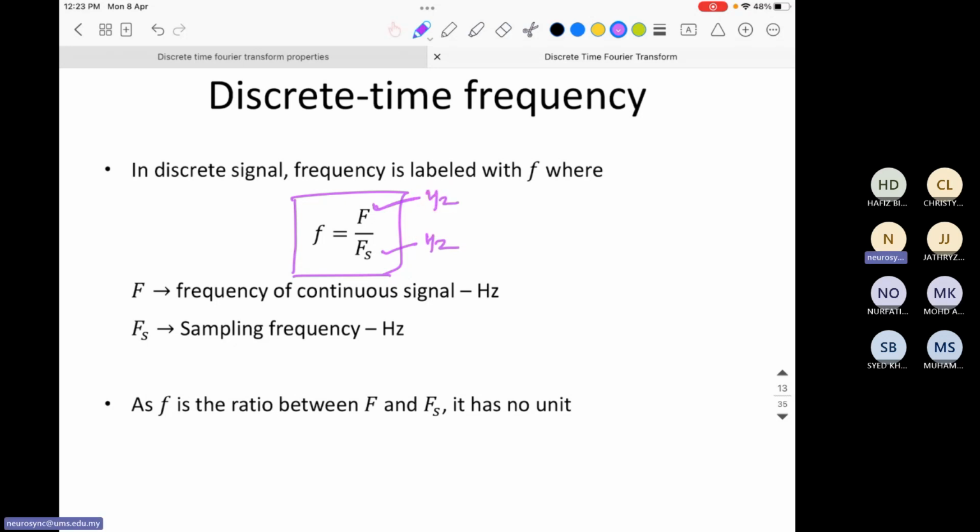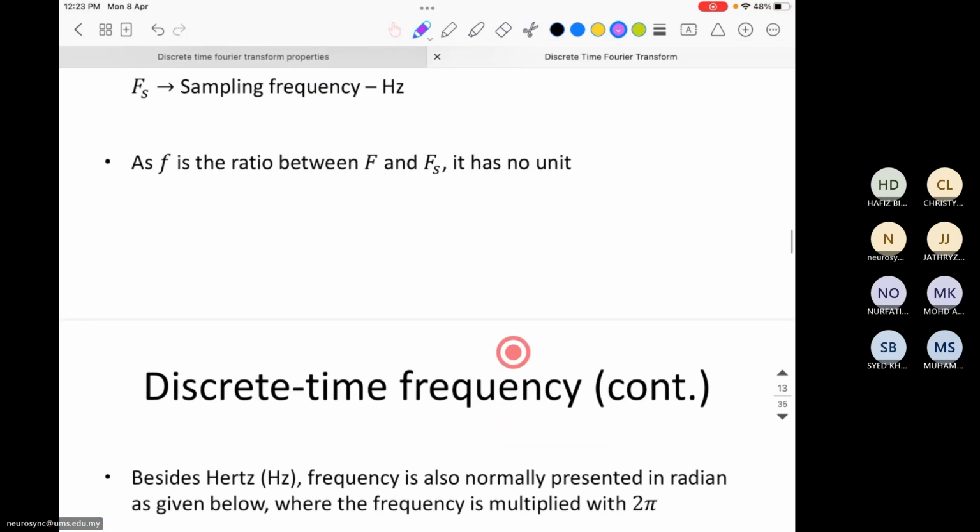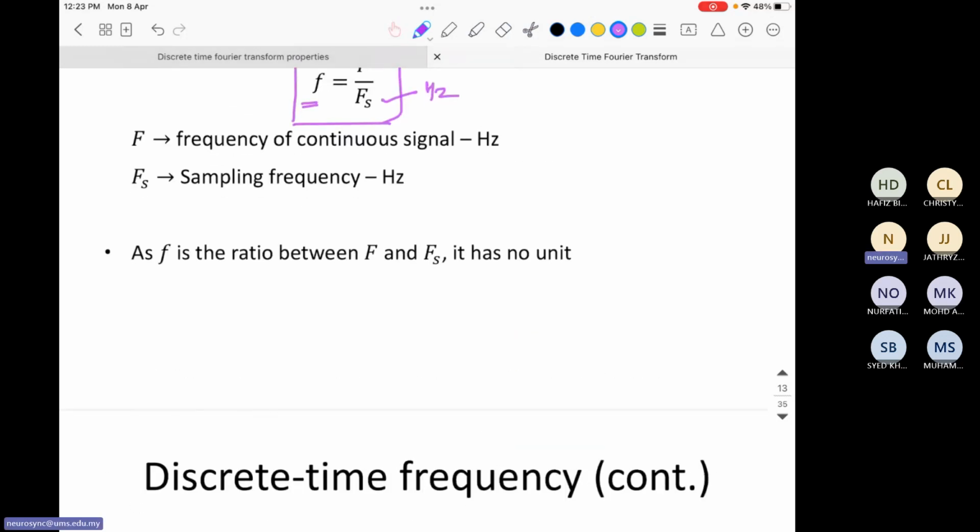So the frequency in the discrete signal is the ratio f by fs, and it has no unit. But for the original continuous signal, the frequency is f.